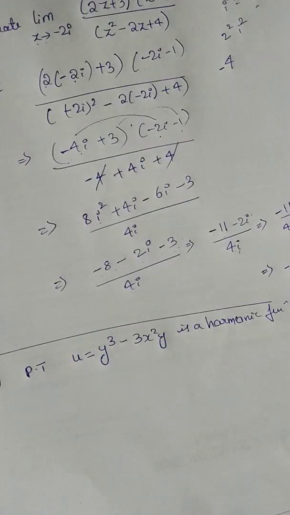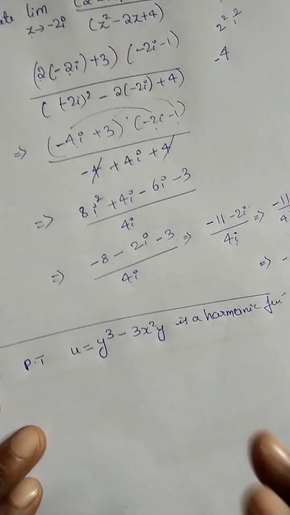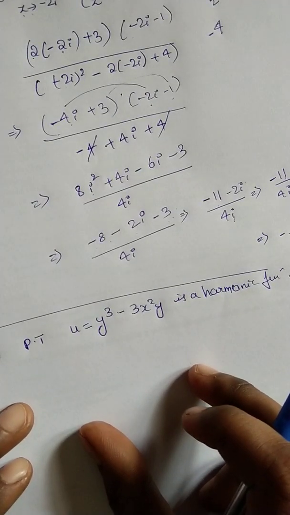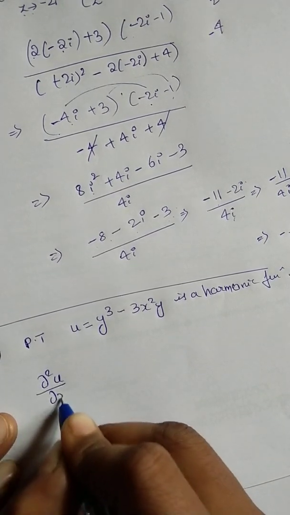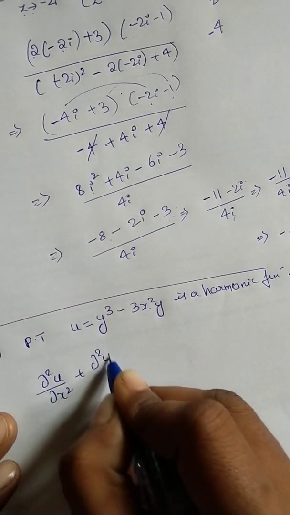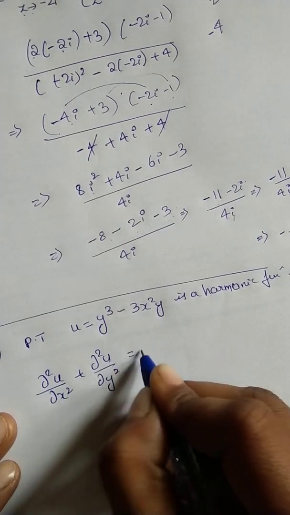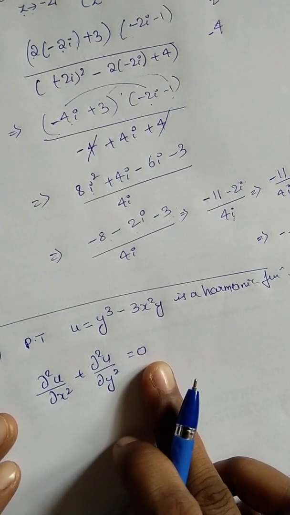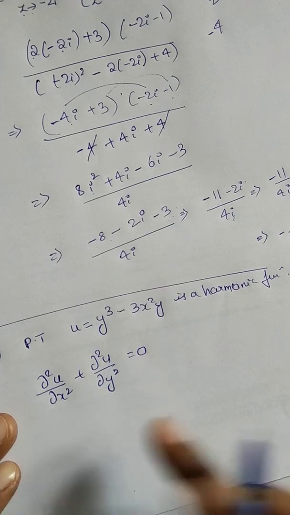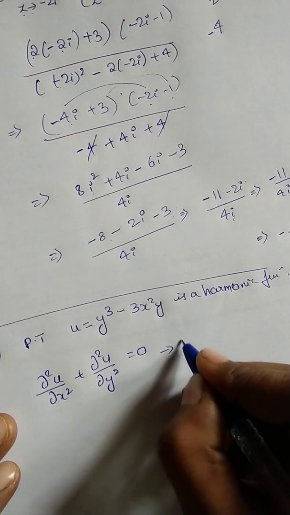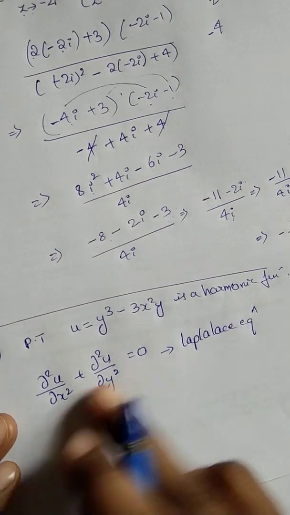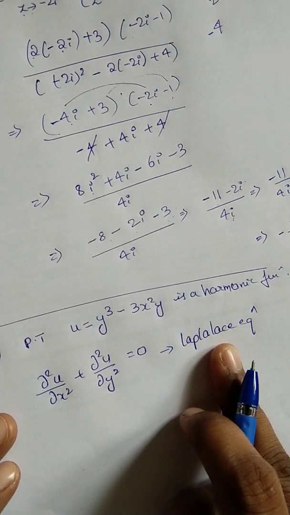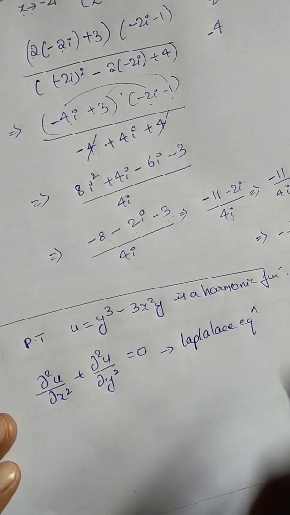Solution: here u is given. For harmonic, one equation has to be satisfied, that is, dou square u by dou x square plus dou square u by dou y square should equal 0. If it equals 0, then it satisfies the Laplace equation. If it satisfies the Laplace equation, then it is a harmonic function.